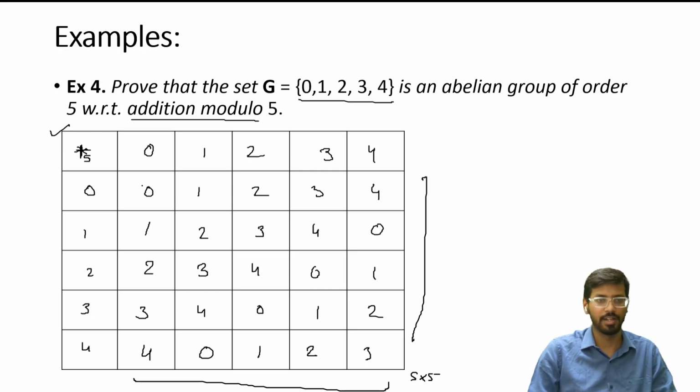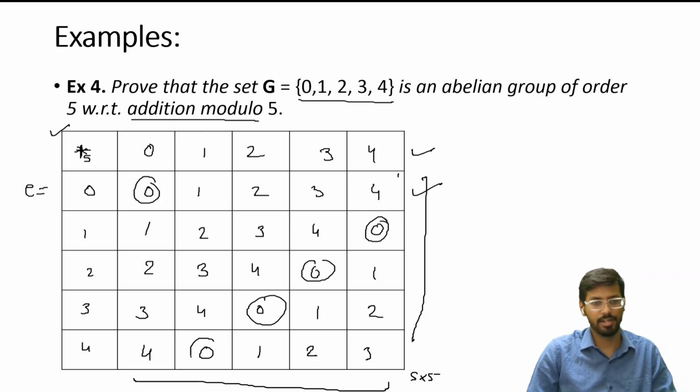Now, for identity element, check two similar rows. Okay, this and this are similar rows. So e = 0 is the identity element here. Mark identity element in each row. Okay, these are identity elements. So 0 has inverse 0.